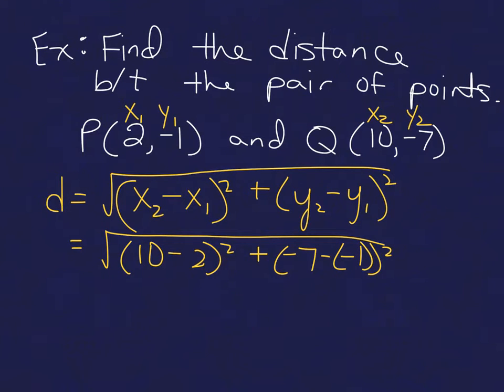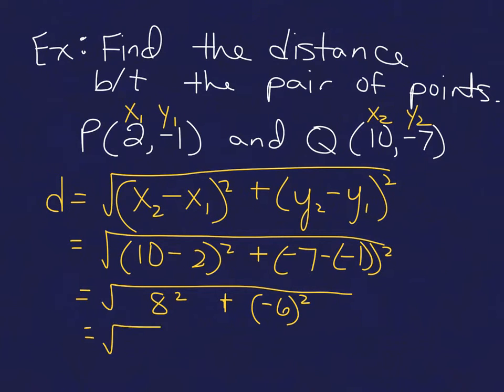Okay, all right, so let's go ahead and clean this up a bit. So 10 minus 2 squared. Well, 10 minus 2 is 8, and we're going to square that. Okay, and then we have in this next parentheses, -7 minus -1 squared. So let's talk about what -7 minus -1 would be. That's -7 plus 1, which would be -6 squared. Okay, so let's keep on going here.